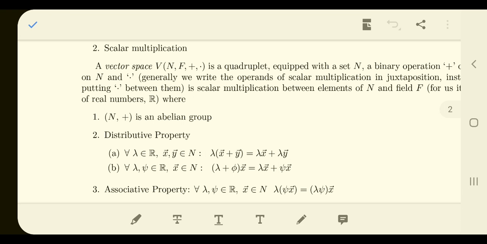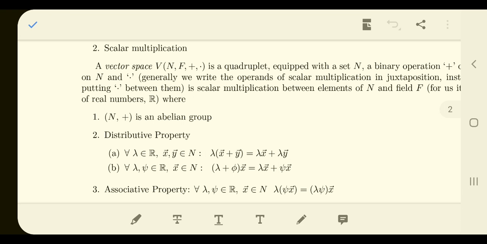In mathematics, the set of scalars is also known as a field. We can use the words scalars and field interchangeably, though we will preferably use scalars.